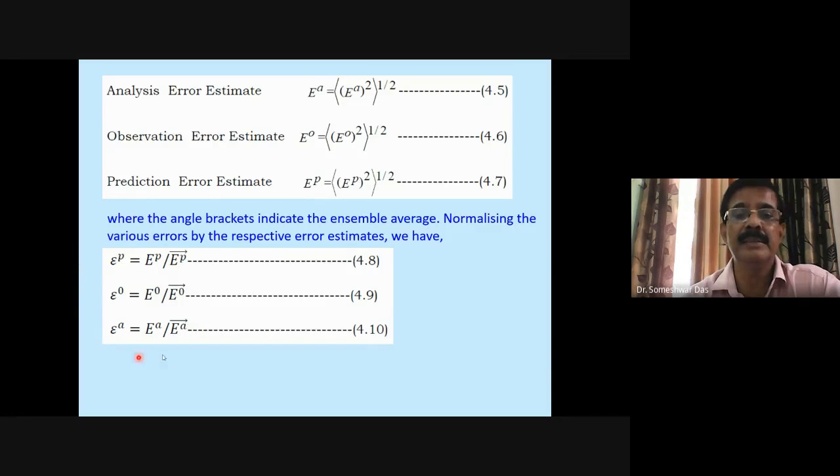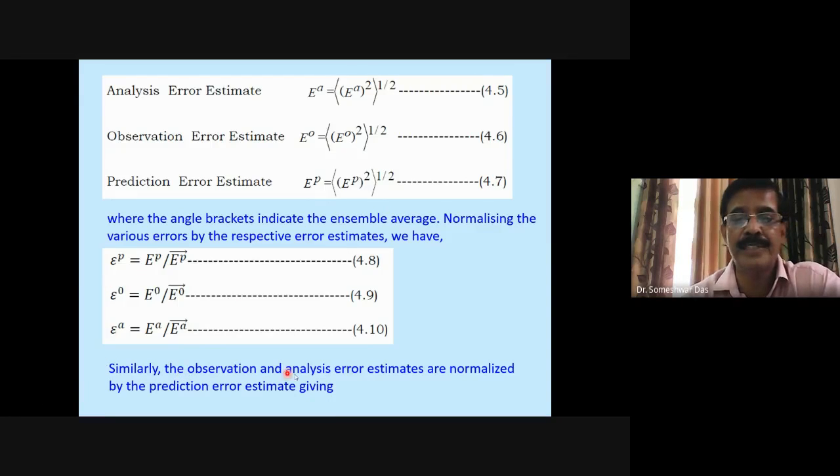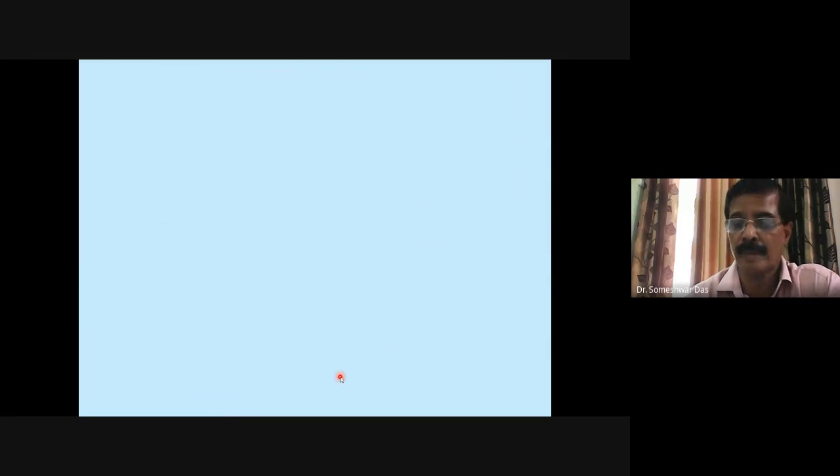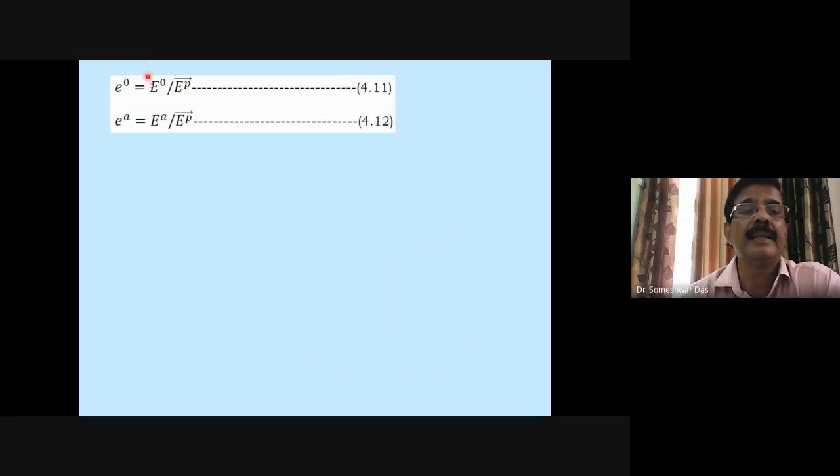So these are the normalized errors of prediction, observation, and analysis. Similarly, the observation and analysis error estimates are normalized by the prediction error estimate: the normalized observation error is given by the observation error estimate divided by the prediction error estimate, and similarly the normalized analysis error is this one. Okay, we are normalizing by the prediction error estimate.